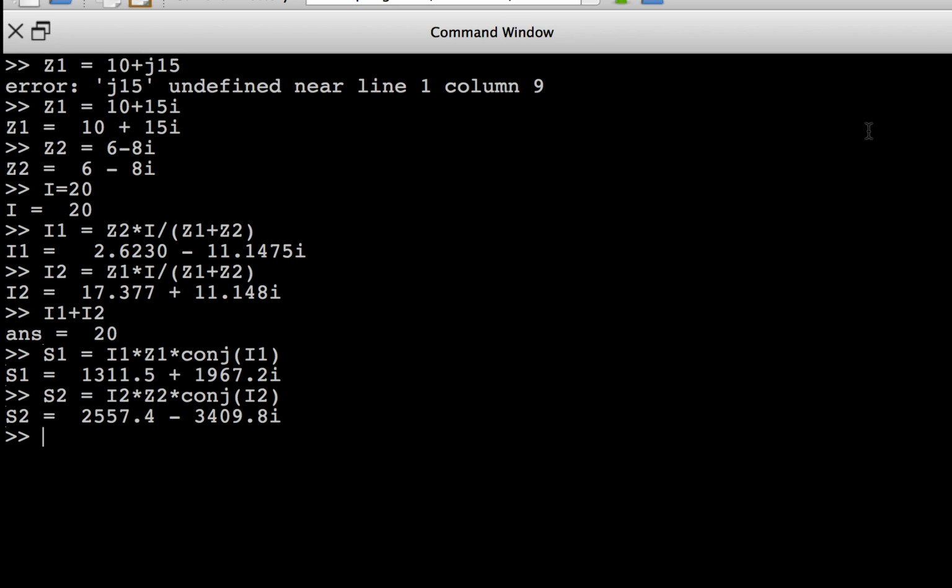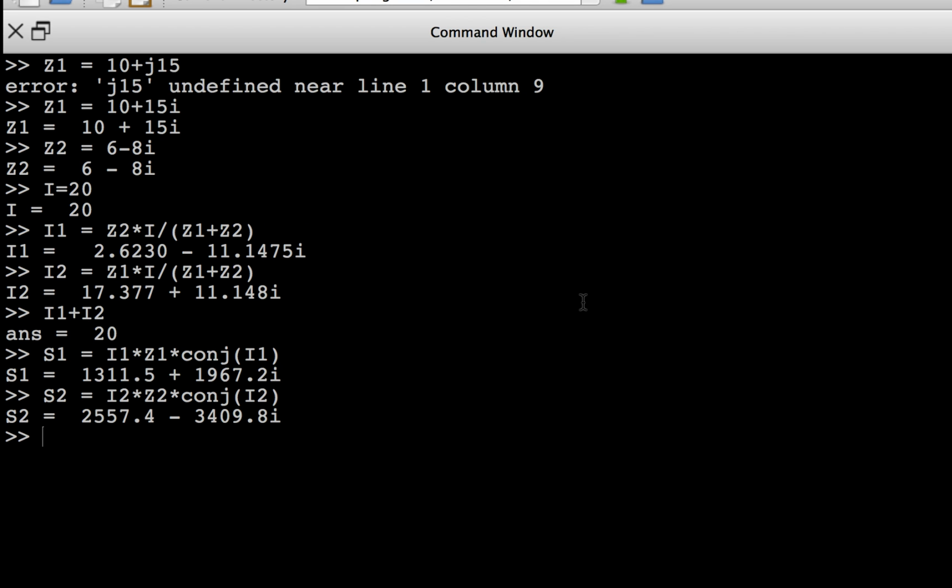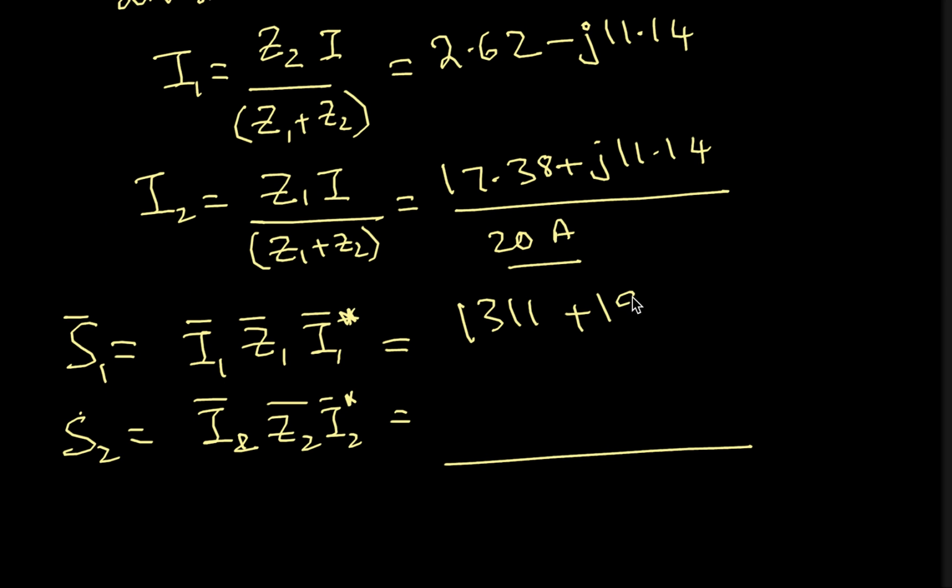So I'm getting the result like this: 1311 plus J 1967, and then 2557 minus J 3409.